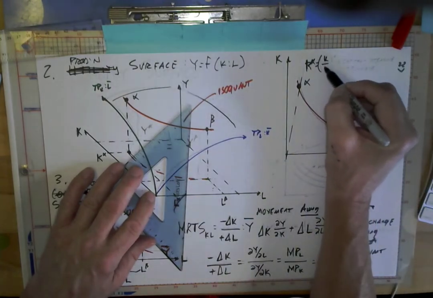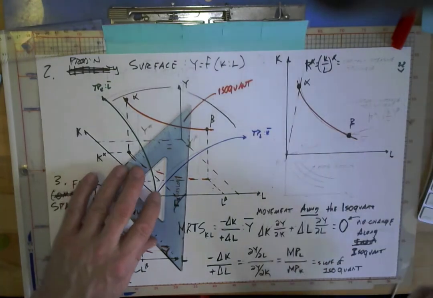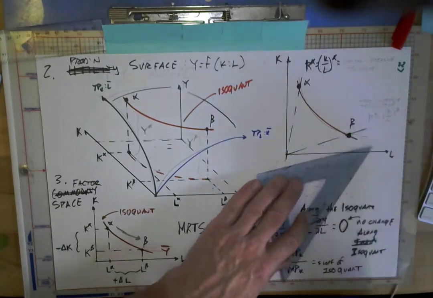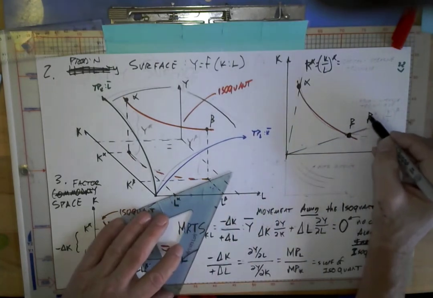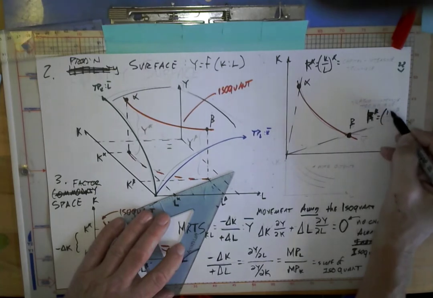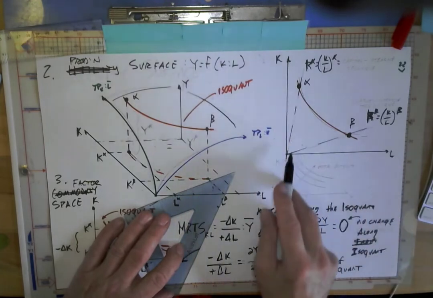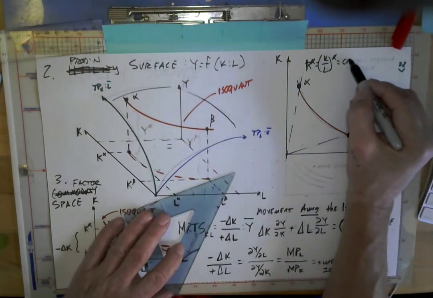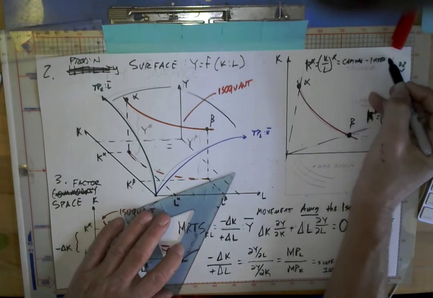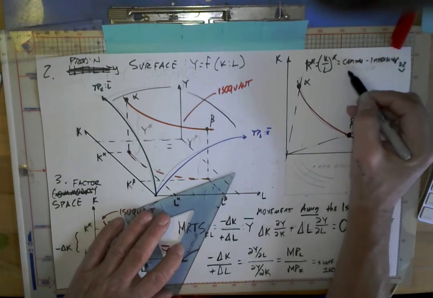This is going to be capital over labor for technique alpha. This is going to be the capital labor ratio for technique beta: lowercase k for technique beta is equal to K over L for technique beta. The alpha technique is going to be the capital intensive technique of production.